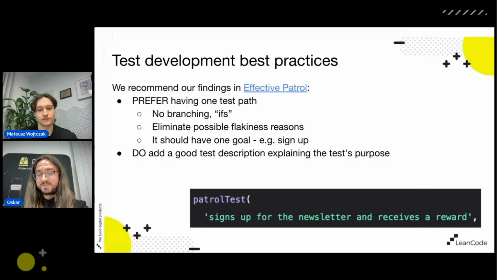The test, especially end-to-end tests, should have one clear goal, which is to make a purchase, to book your barber, or to sign up to the new application. So you don't want to retest those small features, or maybe you shouldn't start with them, but the most important parts of your system and the critical paths.